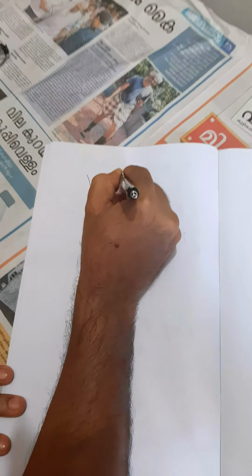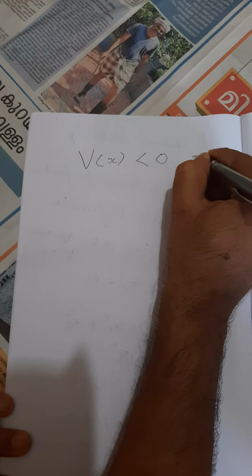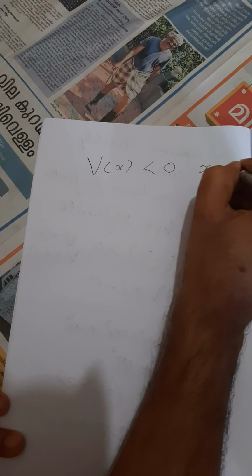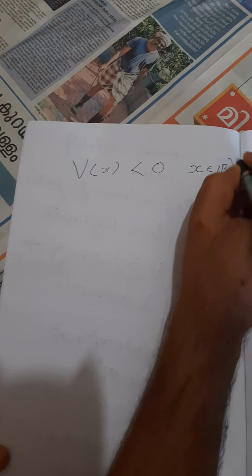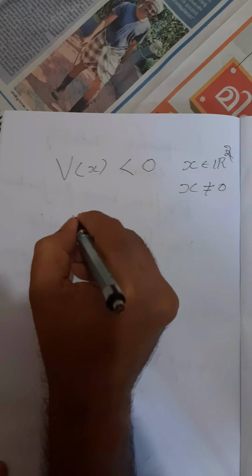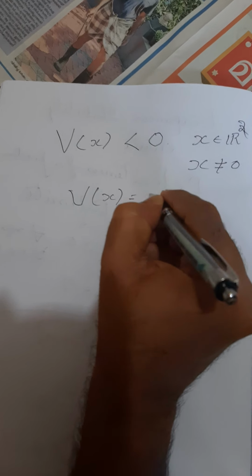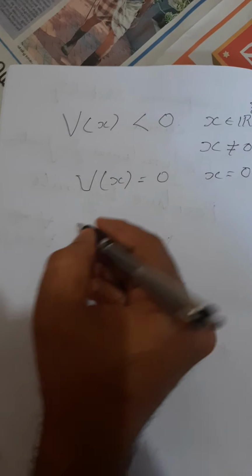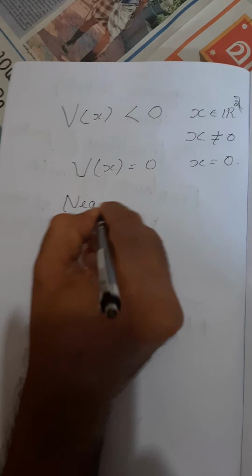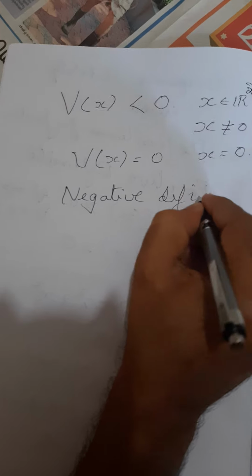V of x less than 0 for all x element R2, x not equal to 0, and v of x equal to 0 when x equal to 0. Negative definite.